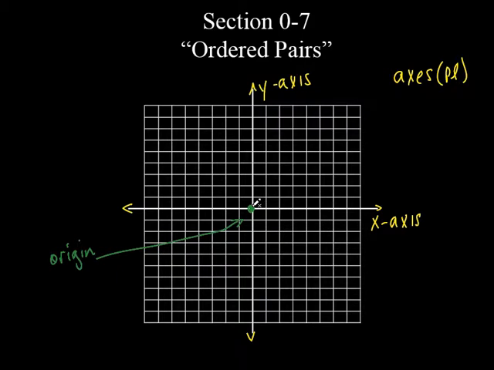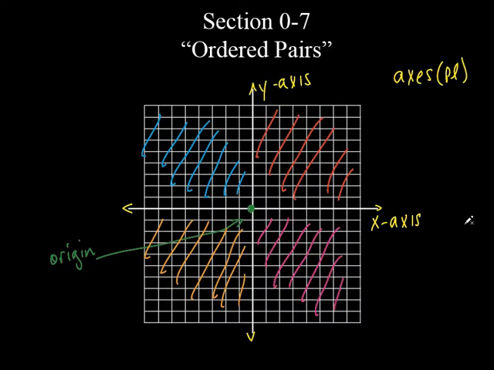Let's see if I left anything else out. Oh, almost forgot about this. See how it's broken up into four different areas? The x and y axes break it up into this area over here, this top left corner, this area down in here, and this one down in here.